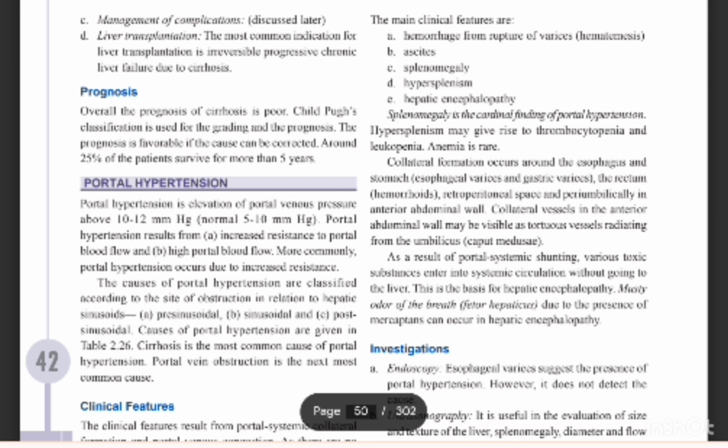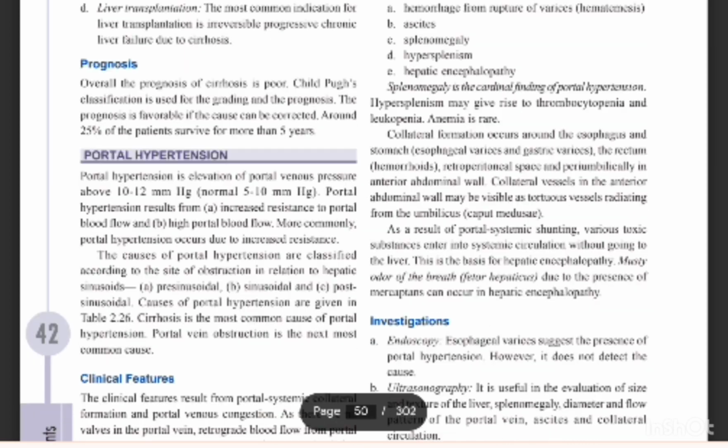As a result of portal systemic shunting, various toxic substances enter the systemic circulation without going to the liver. This is the basis for hepatic encephalopathy. Musty odor of breath, fetor hepaticus, due to the presence of mercaptans can occur in hepatic encephalopathy.